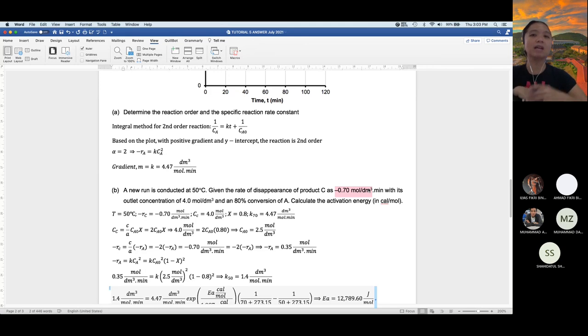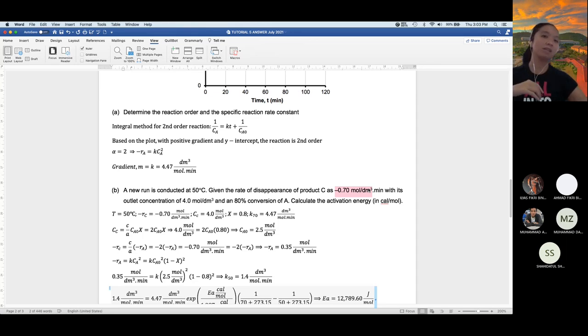Minus RC tu sama dengan negative 0.7. Okay, so kebetulan kita baru je buat soalan yang berkaitan. Kamu tahu kan? Kalau kita ada minus RC, mesti ada berkaitan dengan minus RA. So maksudnya kalau saya tahu minus RC, most likely I can find minus RA. And dalam minus RA kan ada k. So there's a possibility that I can get my k2 from that correlation.